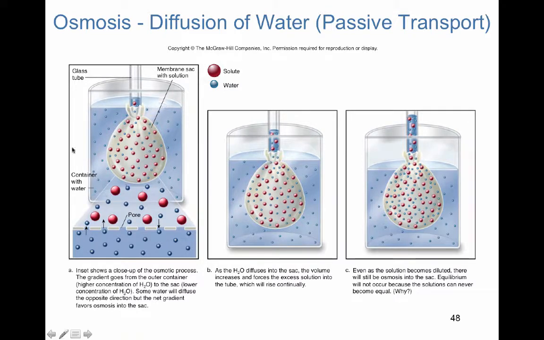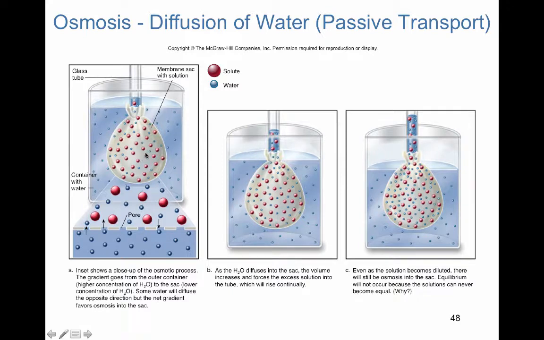Now, this is the standard diagram that you always see to describe the principle of osmosis. You have this membrane sac that's filled with a solution that has a high amount of solute present in it.